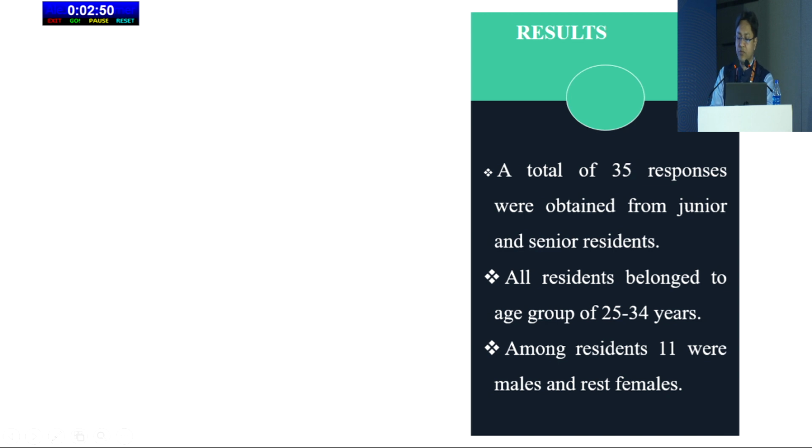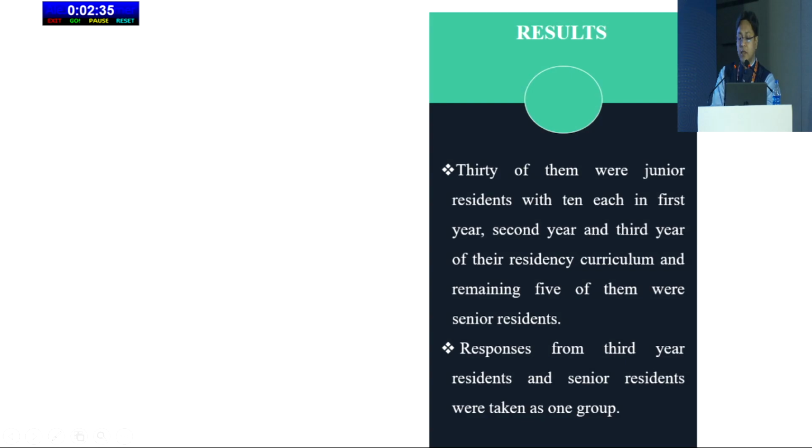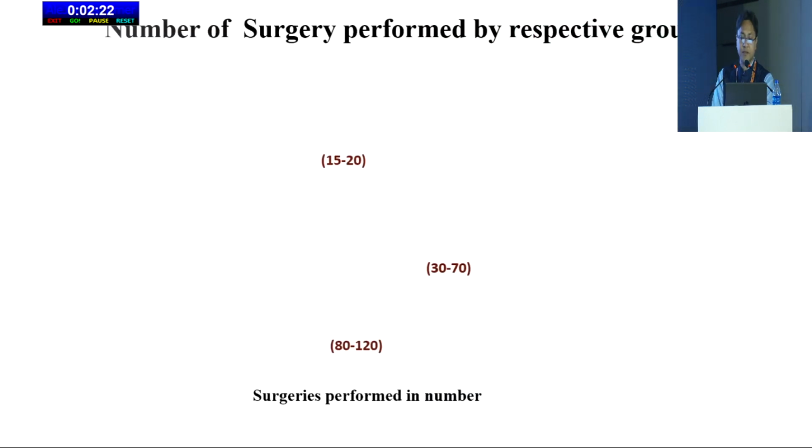We obtained a total of 35 responses, 30 from junior residents and 5 from our senior residents. All residents belong to the age group of 25 to 34, and 11 were male and the rest female. Among the 30 junior residents, 10 were from the first year, 10 second year, and 10 third year, and 5 SRs. We clubbed these 5 SRs, who had just completed the third year, into the third group to find out the responses.